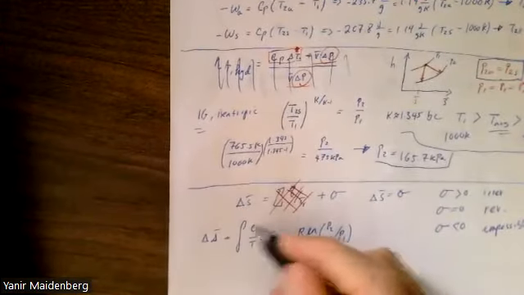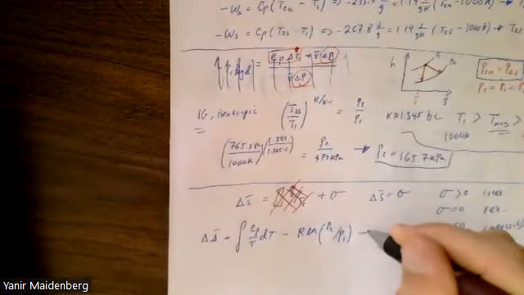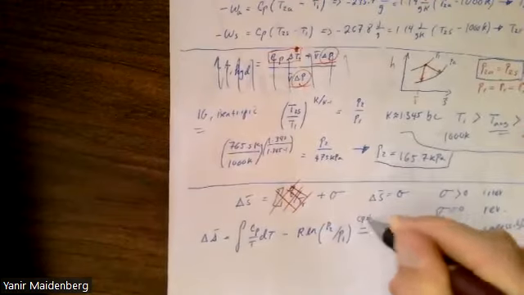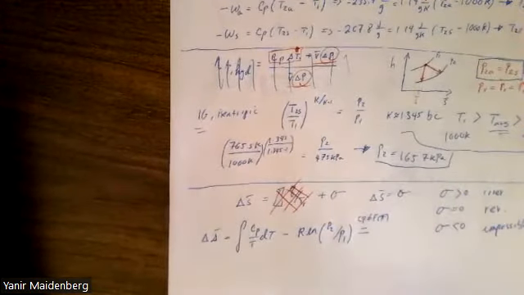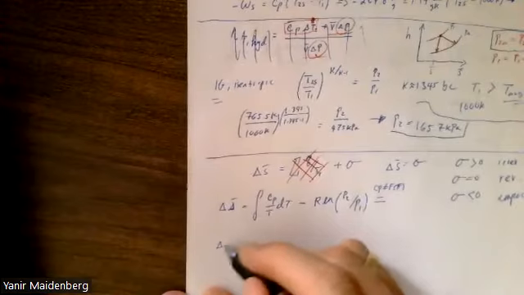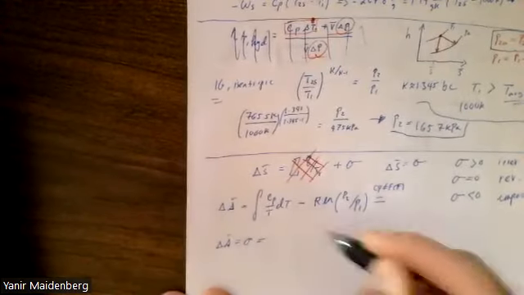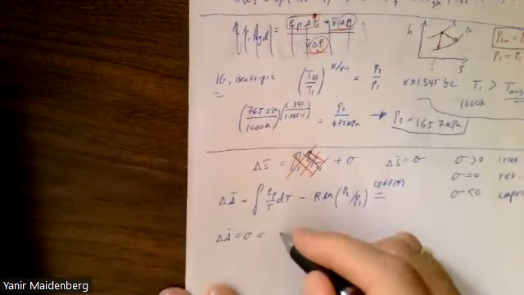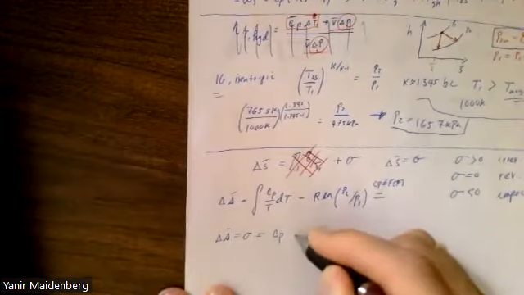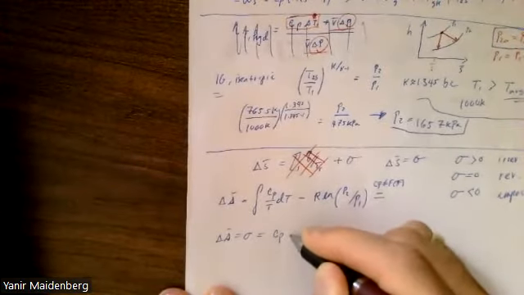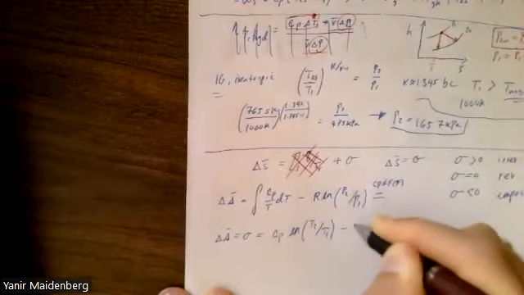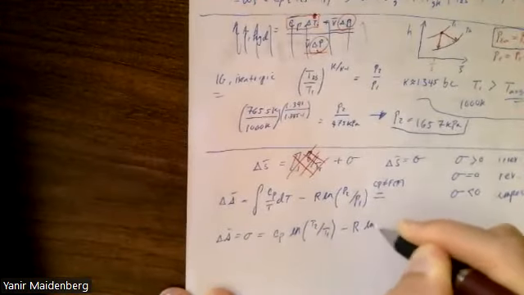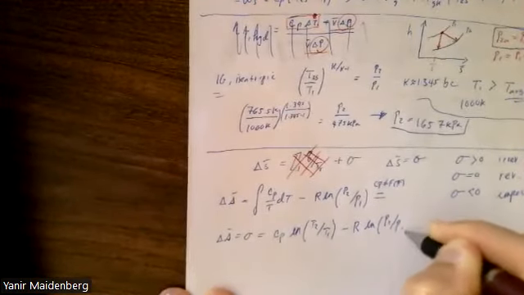So we take this guy out. And if Cp is not a function of temperature, then we get that delta S bar, which is equal to the entropy generation function in this case, is Cp ln of T2 over T1 minus R ln of P2 over P1.